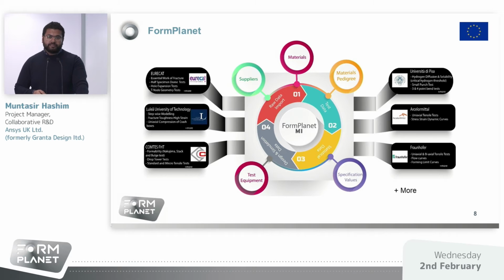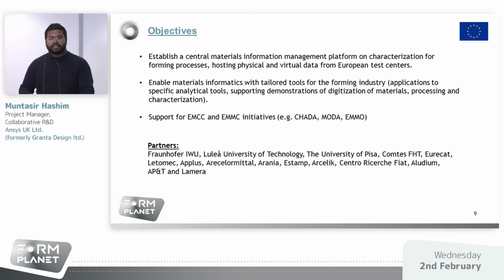As you may have seen from previous presentations, it has brought together a very rich source of materials information related to groundbreaking experimental and modeling work: hydrogen embrittlement, tensile flow curves, prediction of edge cracking, stepwise modeling to assess stress triaxiality, just to name a few. And this just gives an overview of the partners' work that comes together.